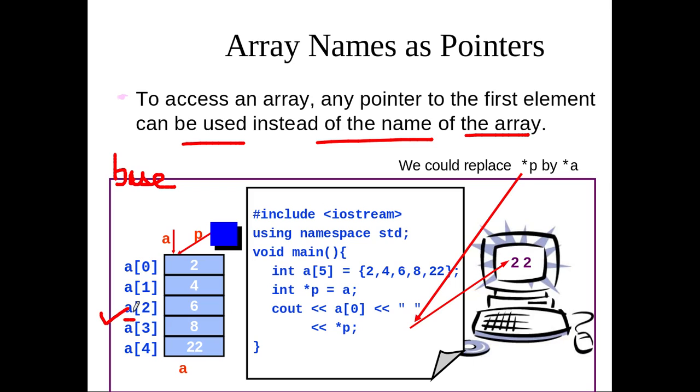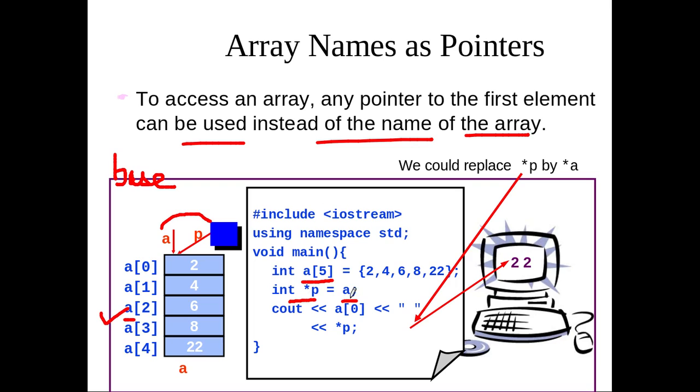Instead, you can declare another pointer type variable, and assign the value of a to that variable, and then you can use that variable to access the locations. For example, in this simple case, I am declaring an array a of 5 elements, and I am declaring another pointer p, and storing in p the address of the first location of array a, because a is a pointer that contains the address.